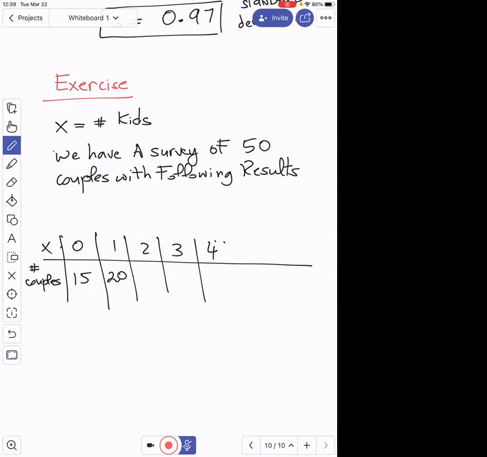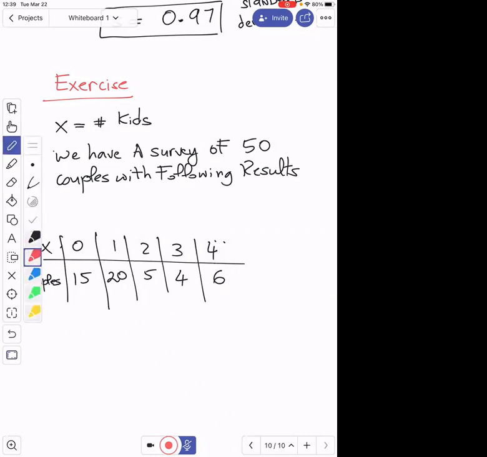The number of couples with 2 kids is actually 5. Then the number of couples with 3 kids is 4, and then we have 6 couples with 4 kids. Okay, so as you can see, of course, the total number of couples is 50, right? I mean, 15 plus 20 plus 5 plus 4 plus 6, that will be 50.